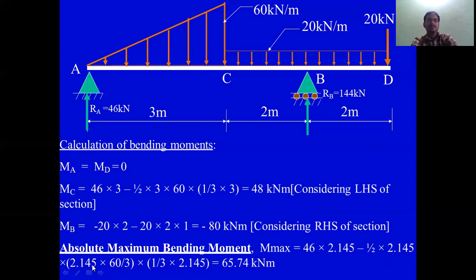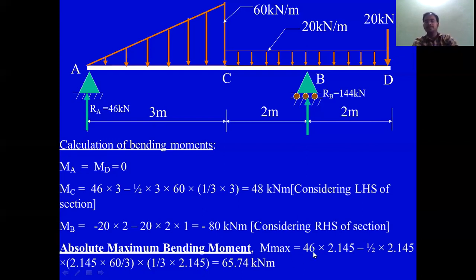So this is the force. Now the distance: it acts at 1/3 away from that point x, 2.145. When you calculate, this will be the maximum bending moment in kilonewton meter. Bending moment is force into distance, so it is kilonewton into meter.